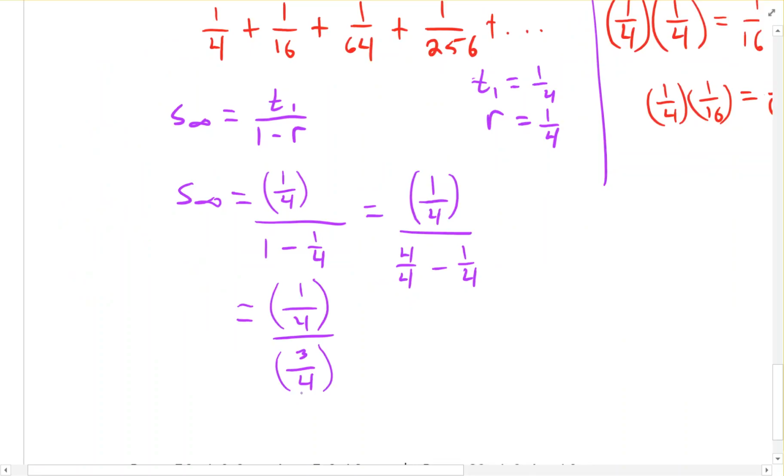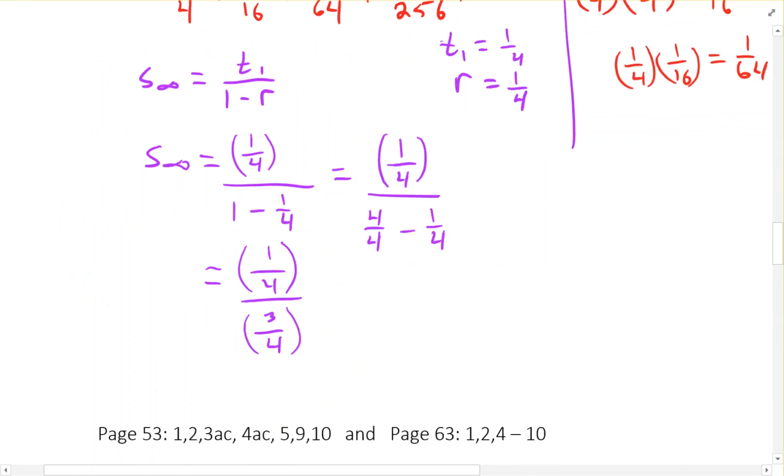Maybe put those like that too, to not be confused about what's happening there. So now, like I was saying, we've got a fraction divided by another fraction. That's the same as multiplying by the bottom flipped. So this is going to be the same thing as 1 over 4 times 4 over 3. So now we can see that 4 will cancel with 4. This is just going to be equal to 1 over 3.